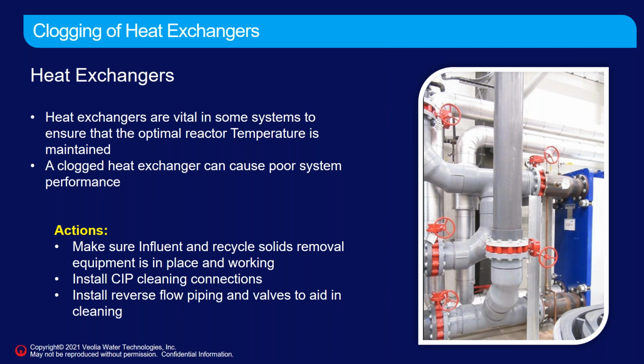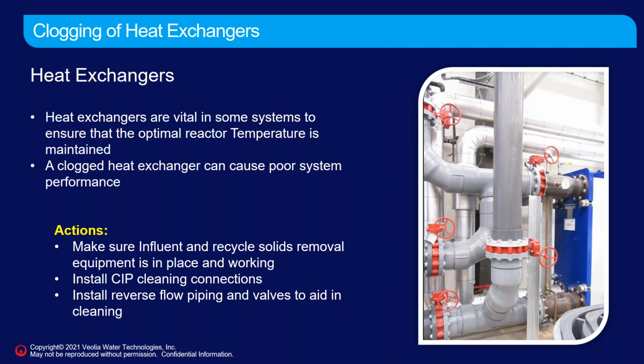Our standard design is to have some specific piping to flush these heat exchangers out, whether you have a plate and frame, a shell and tube, or a spiral heat exchanger. We recommend some manual piping here, as you can see in this picture, to be able to reverse the flow through it.